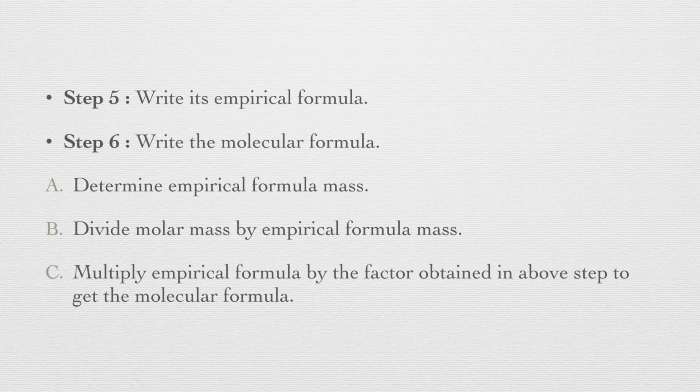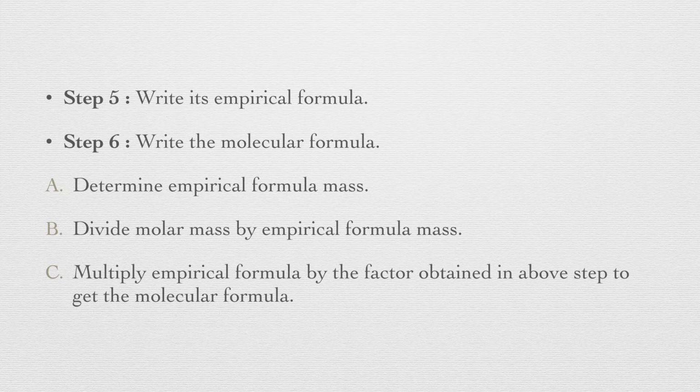Carbon will be 1, hydrogen will be 2 and oxygen will be 1. So it will be CH2O, my empirical formula. Till now this is not the molecular formula, understand. I got the ratio of each of the constituent element. Now I have to find out the exact number of carbon, hydrogen and oxygen. Then only I can arrive at the molecular formula. So the last step is to find out the molecular formula.